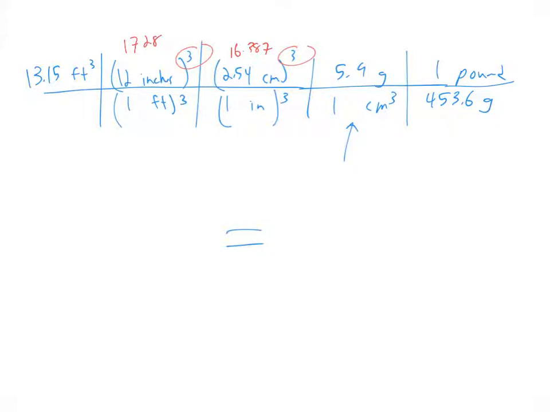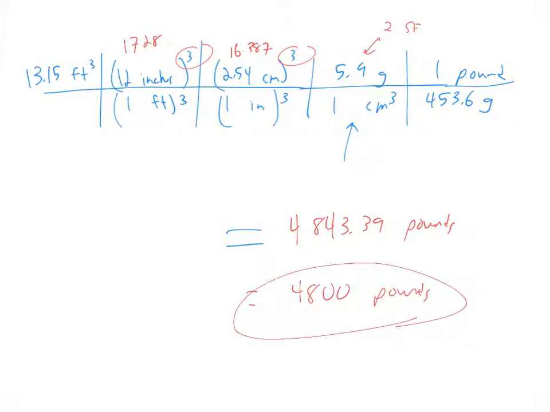So in terms of doing the math, I'm going to multiply 13.15 times 1728 times 16.387 times 5.9, and I'm going to divide by 453.6. I get 4,843.39 pounds. I need two significant figures. So I need about 4,800 pounds of sand to fill that sandbox. That's a lot of sand.